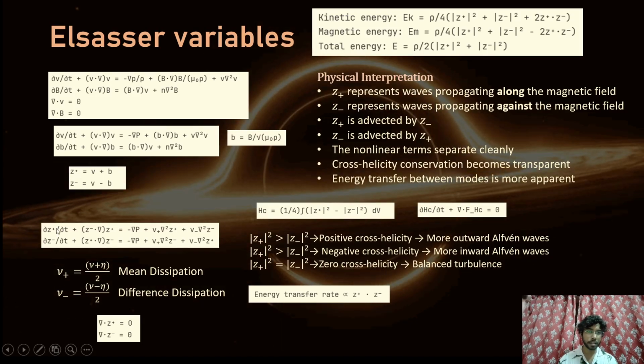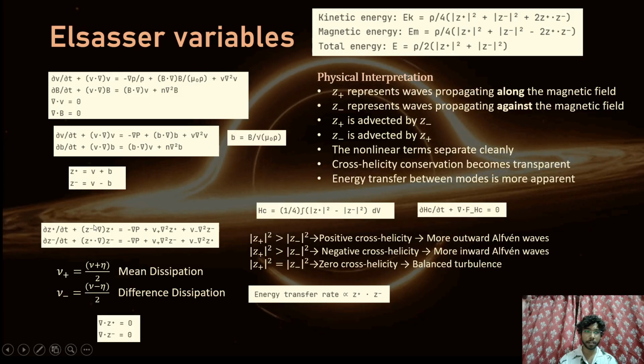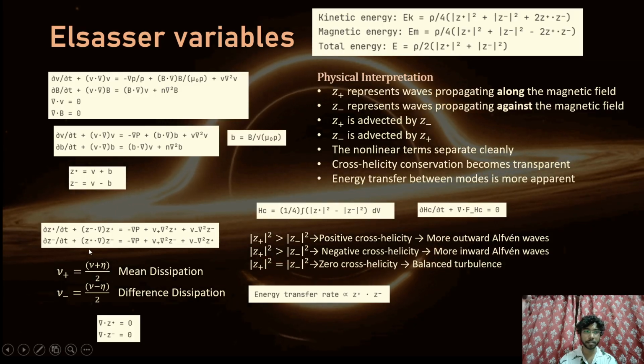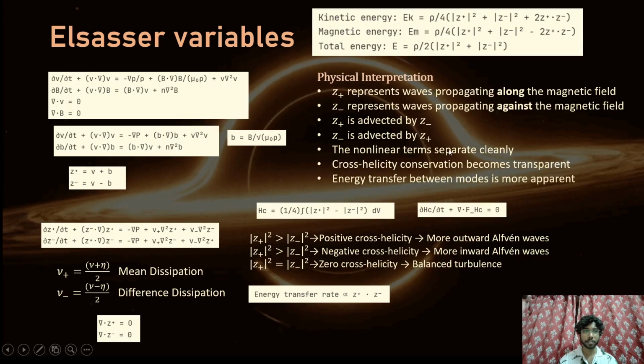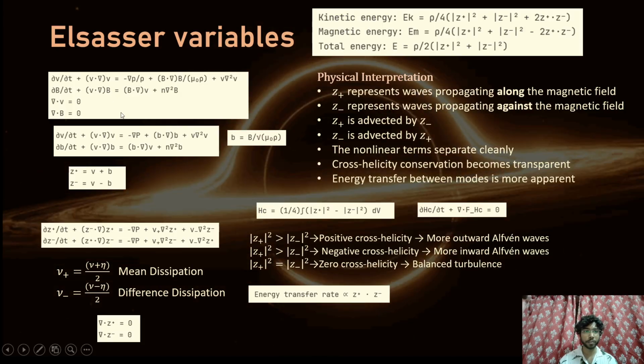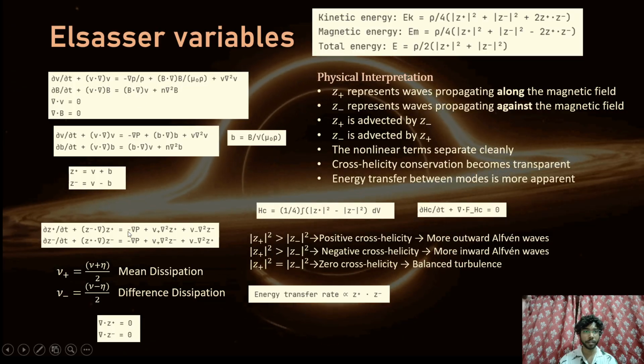You also see that z plus is affected by z minus, whereas z minus is affected by z plus, and the nonlinear terms are separated over here. So you don't see the B dot del V and V dot del B terms over here.